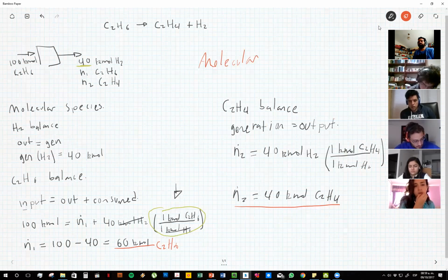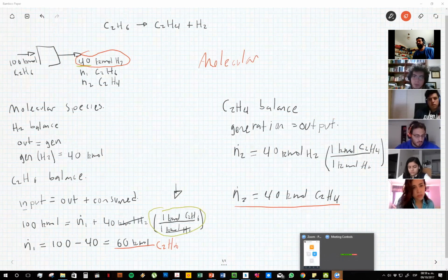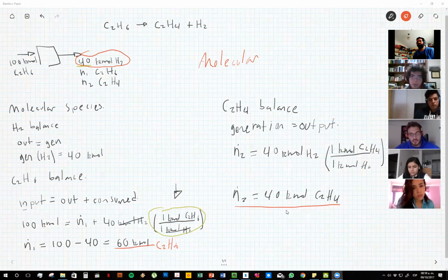The problem gives you the information that 40 kilomoles were produced, so those have to be in relation with the stoichiometry, 1 to 1 to 1.